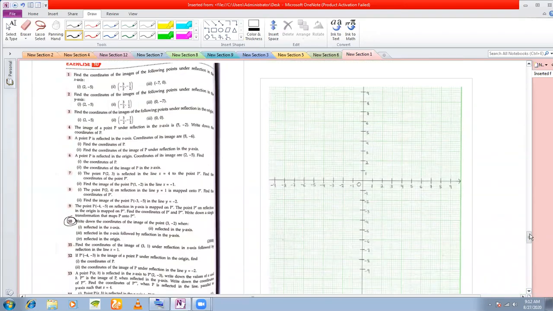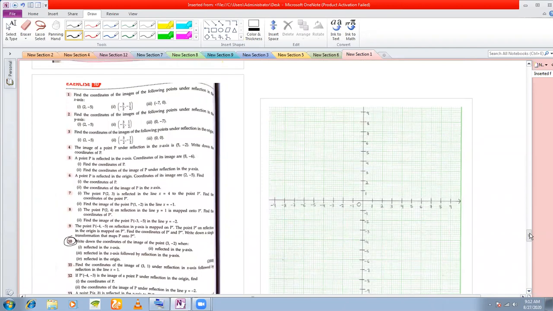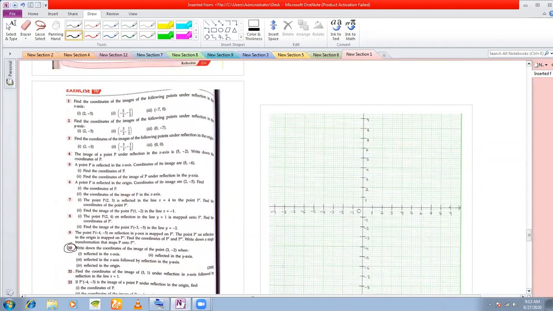And I'll show you this. Write down the coordinates of the point (3, -2). Let us call this point P(3, -2). Now the question here is to find the coordinates when it is reflected in the x-axis.